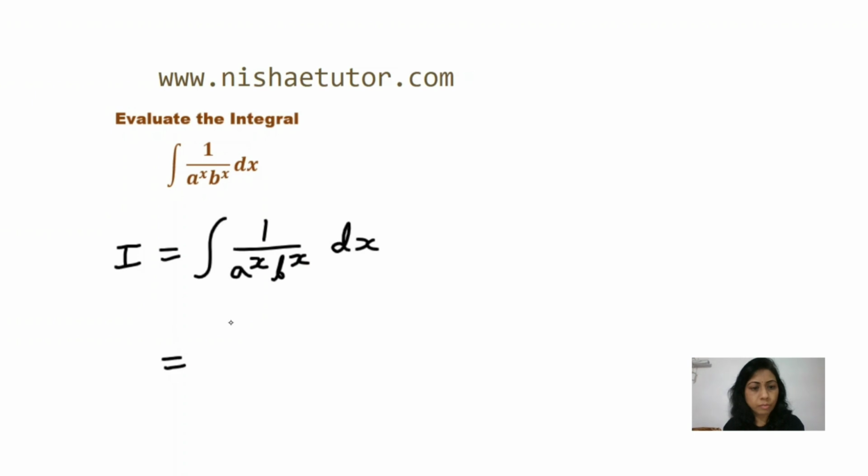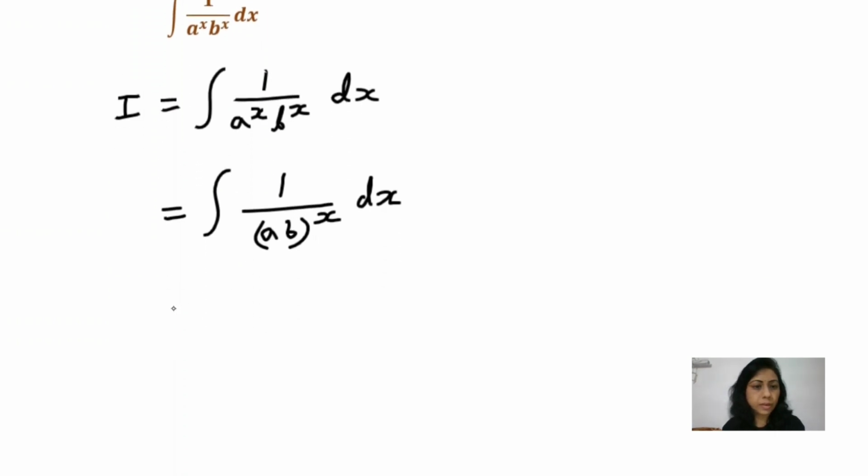So, can we write 1 upon a multiply b to the power x, because here powers are same, so according to exponent properties a multiply b, and we can write here ab to the power negative x dx by exponent property.